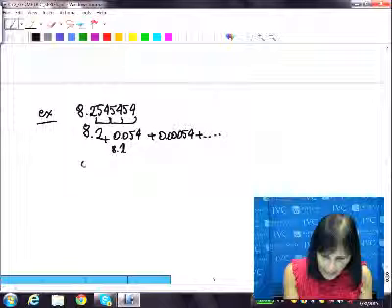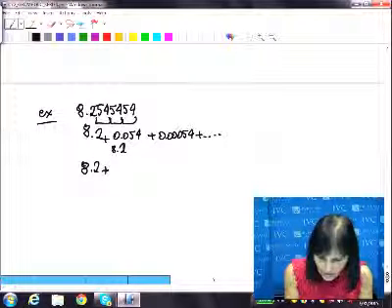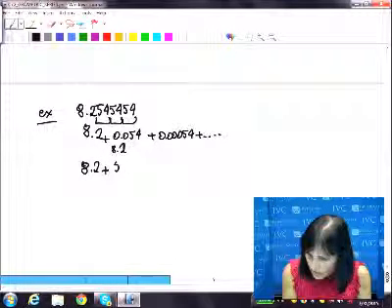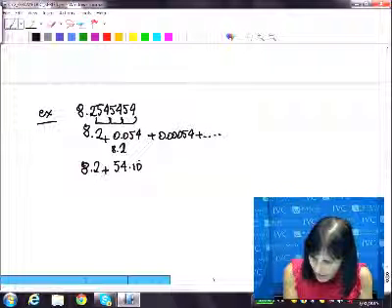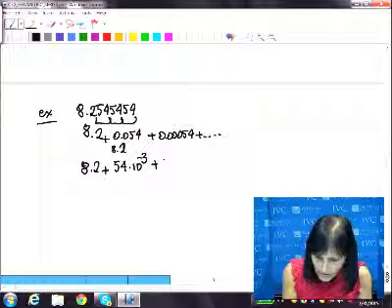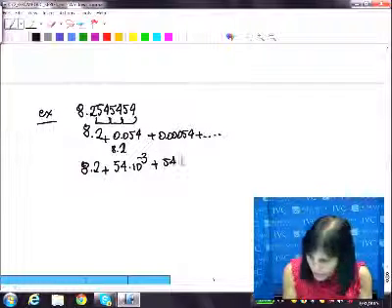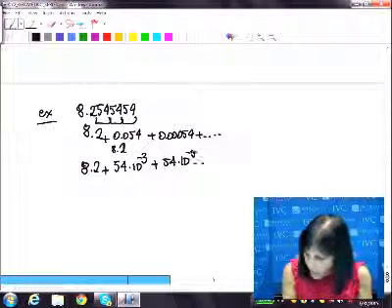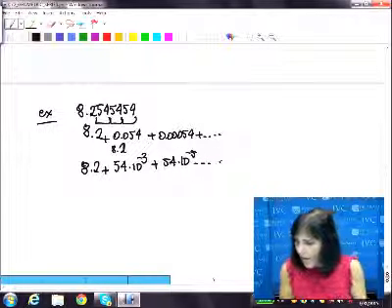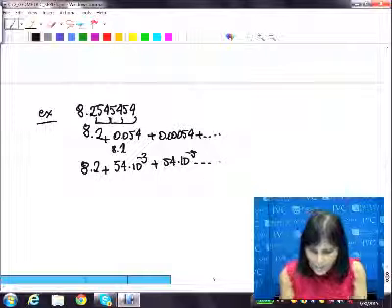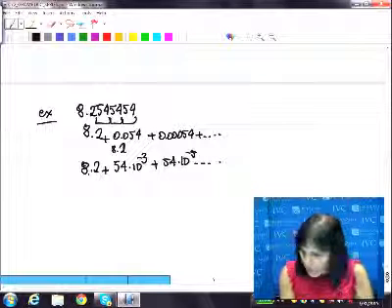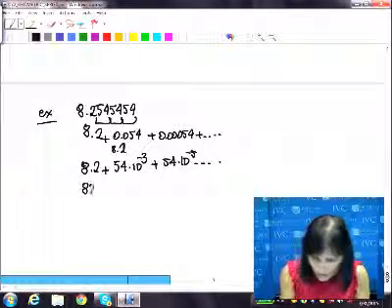So you can write this as 8.2 plus 54 times 10 to the negative 3 plus 54 times 10 to the negative 5, and so forth. Okay? And let's look at this. What does this mean? 8.2 is simply 82 over 10.